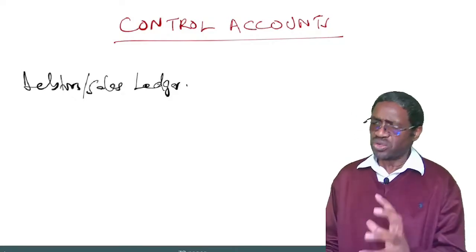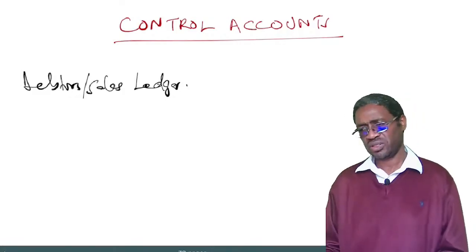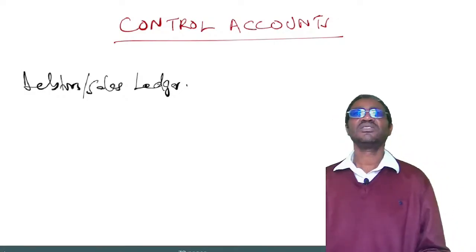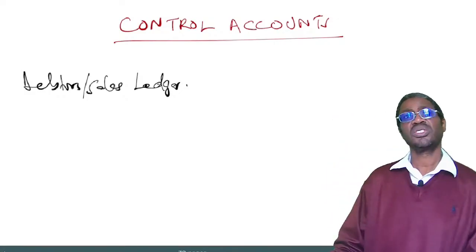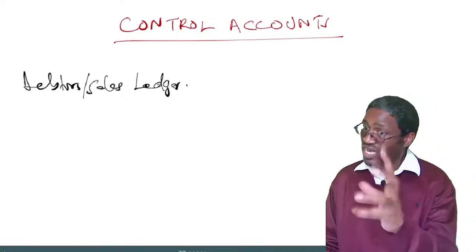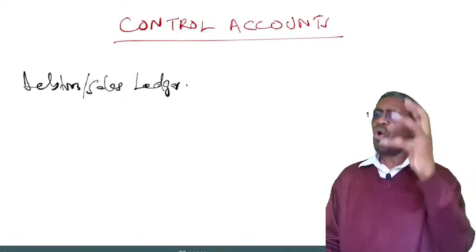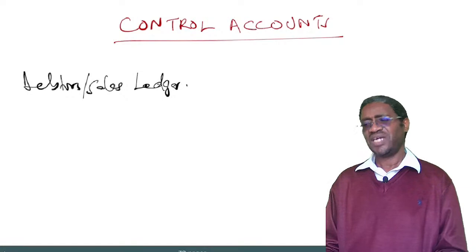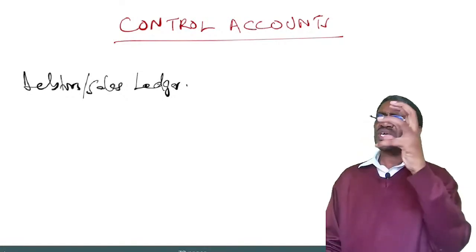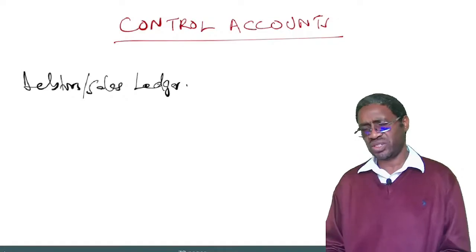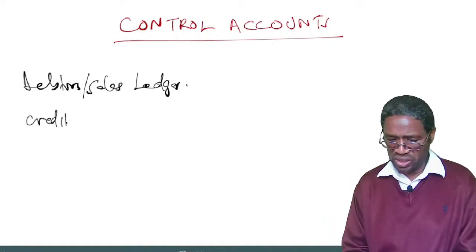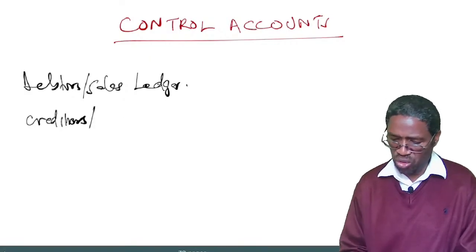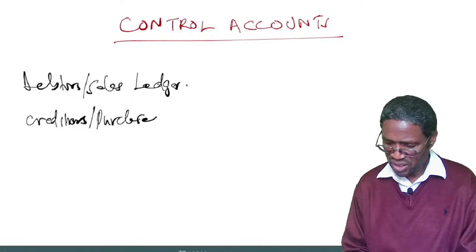If you buy goods on credit from different suppliers, meaning you have different creditors, you will have a ledger for all the accounts of creditors. That book, which contains accounts of all your creditors, we normally call the creditors ledger. Some books call it the purchases ledger.